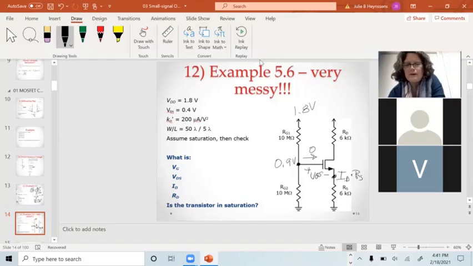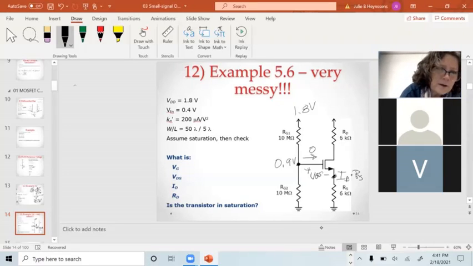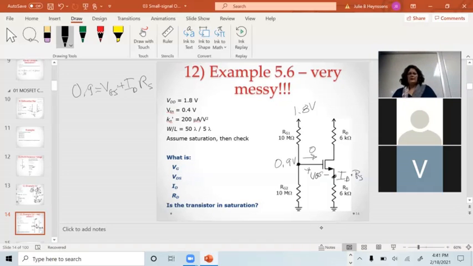We could write a KVL equation here, or you can think of this as I start at 0.9 volts, I drop VGS, and I drop ID RS, and I get to ground, which is 0. So I get one equation. 0.9 has to equal VGS plus ID RS.